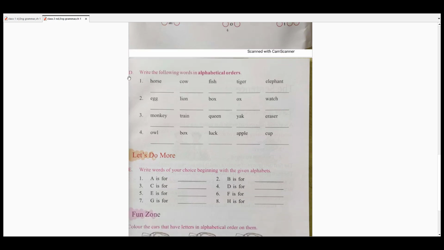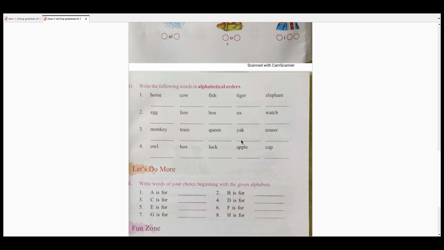Let's go further. D question. Write the following words in alphabetical order. Now we have to arrange these words in alphabetical order. I already told you how you have to arrange the words in alphabetical order. Alphabetical order here means ascending order. You can use descending as well, but ascending order would be much better. So what comes first? C comes first, right? So cow will be placed at first position.